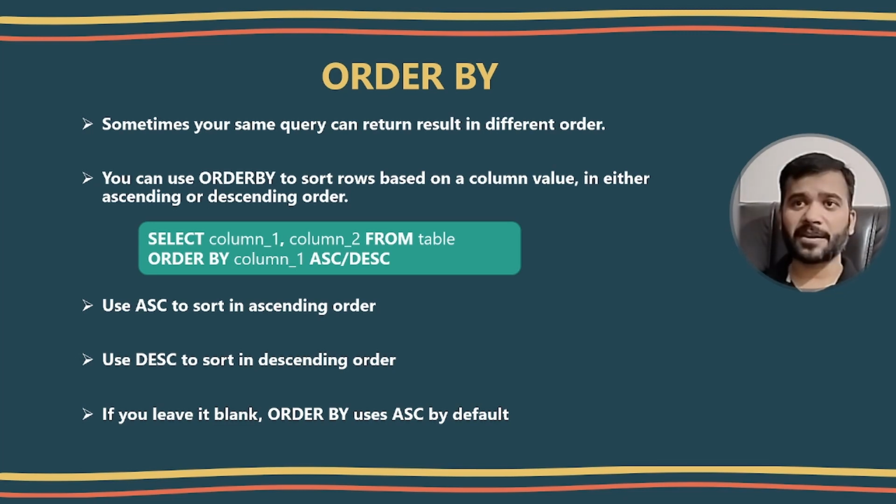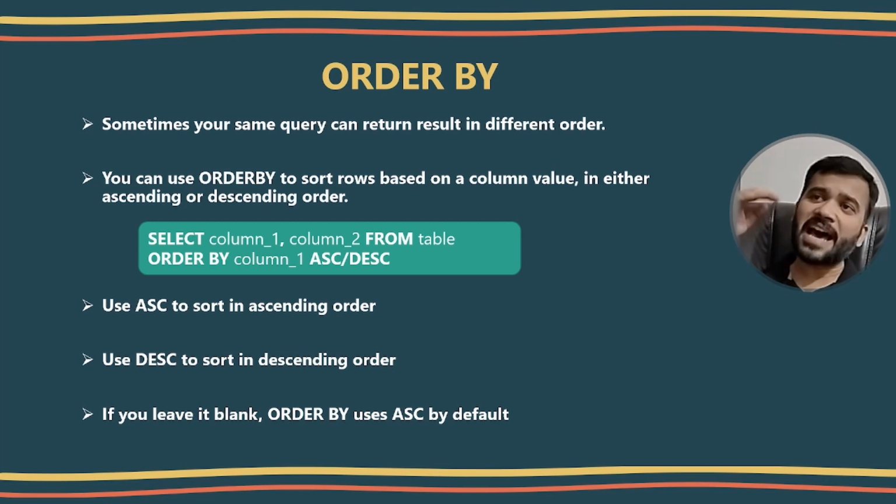Why is it happening? Basically, in order to get your data in the same way, you need to use order by. And you can use order by to sort rows based on a column value in either ascending order or descending order. Ascending means increasing order and descending means decreasing order.